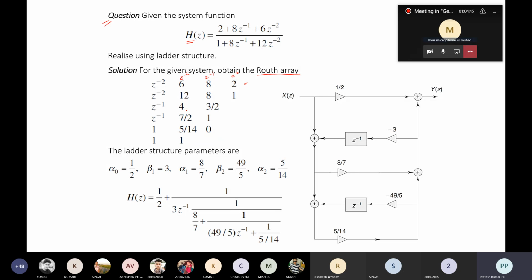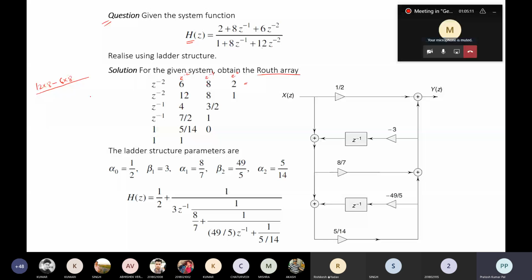This value comes out to be 12 multiplied by 8 minus 6 multiplied by 8, divided by this term, that is 12.